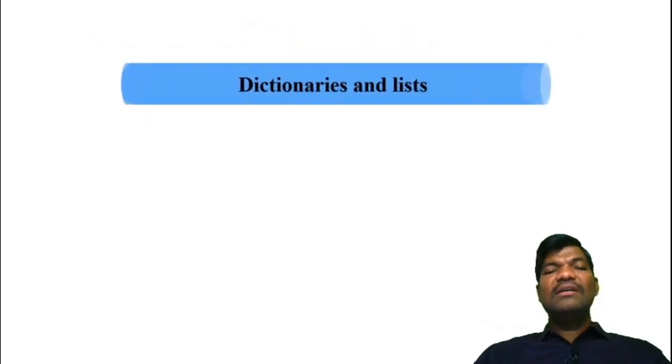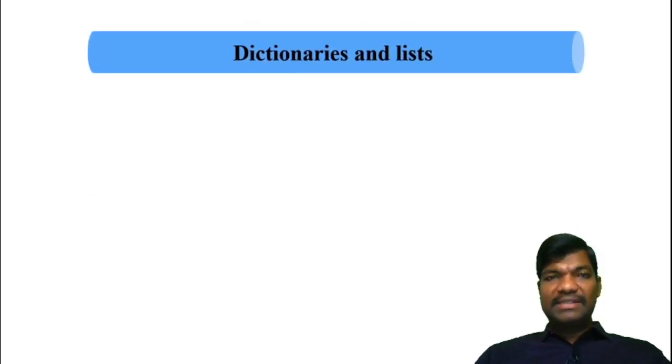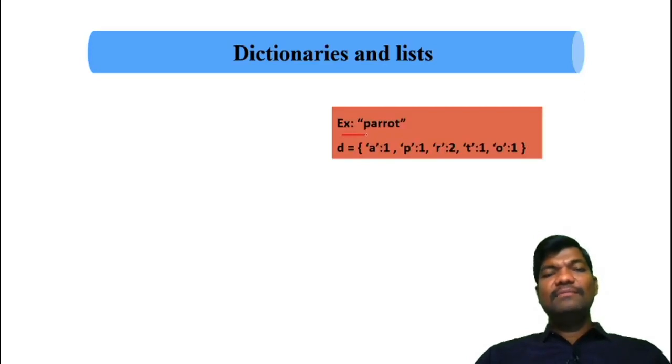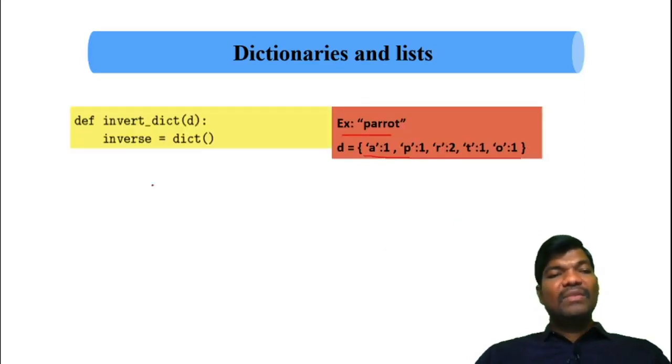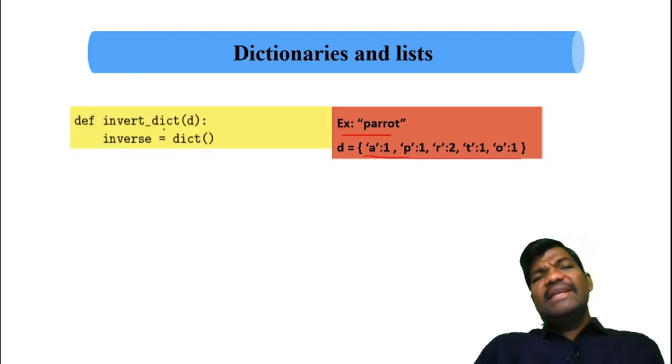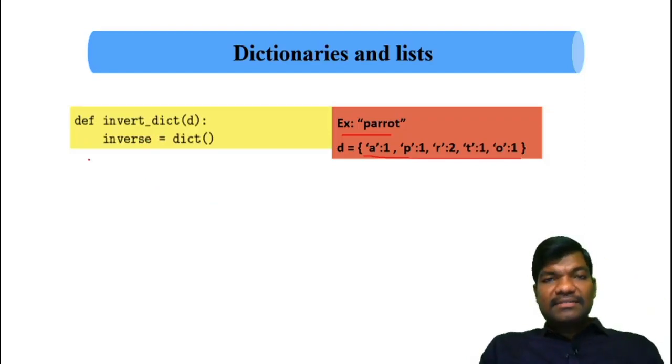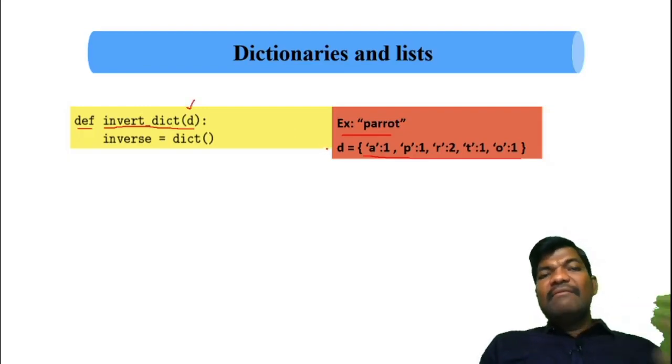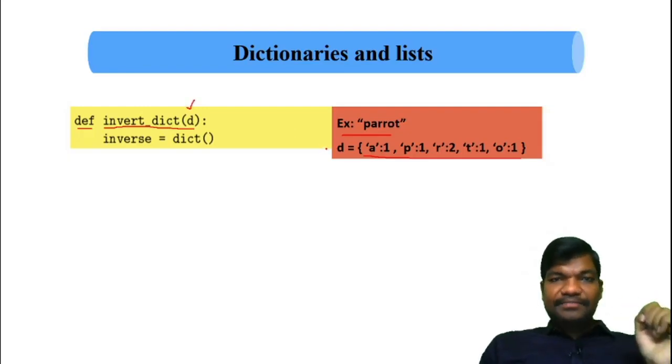Next, coming to dictionaries and lists. Consider the same example, parrot. This is the dictionary. Now, what is the relation between dictionaries and lists? Where are we using lists in dictionaries? First, coming to the example, define a function. What is the function? Invert dictionary of D. I am inverting the dictionary.